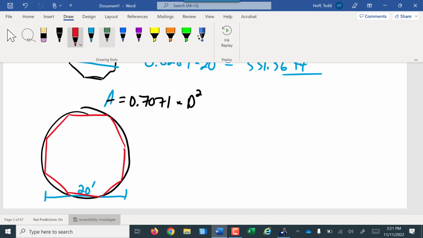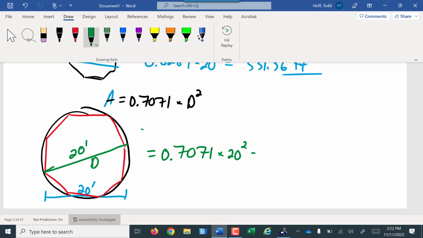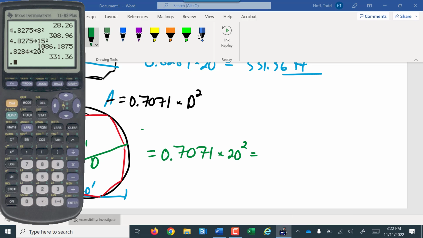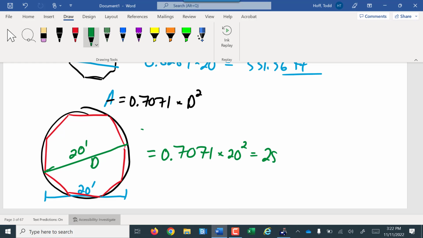Well, the 20 is corner to corner. That is the diameter of the circle that would contain it. That's the diagonal distance. So the total area will be 0.7071 times 20 squared, giving us 282.84 square feet.